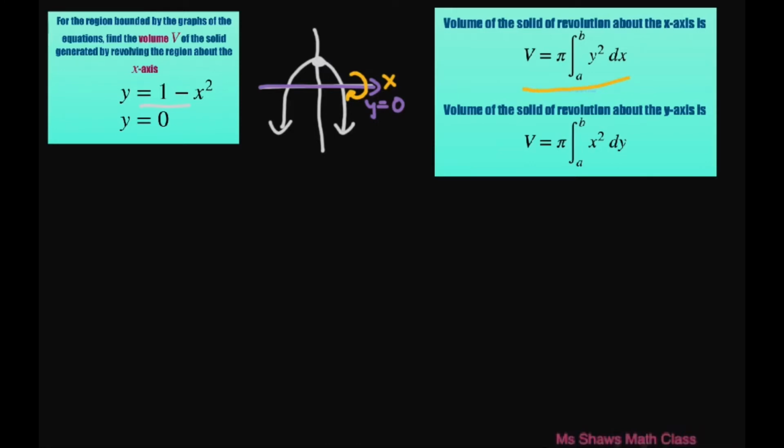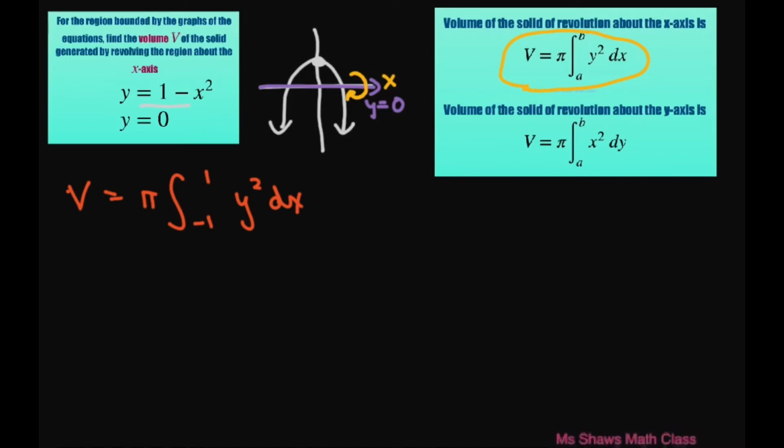We have our y. So what you do is you take the formula, and we're going to write our volume equals pi times the integral from -1 to 1 of y squared dx.